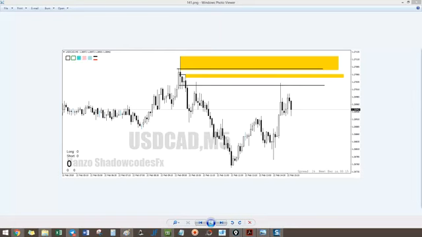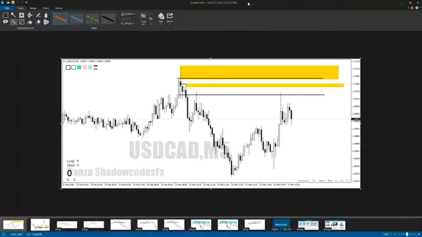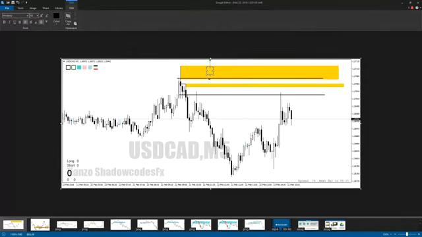I think we missed our syllabus here, because we should be learning the high liquidity zone today. This is a QM. QM level.